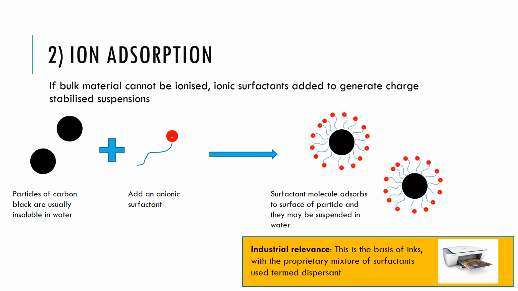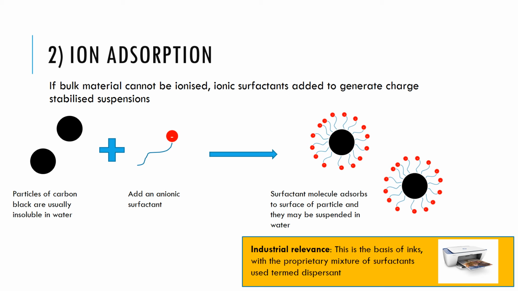but here I just want to highlight that point, because what happens is when you mix them with a suspension of carbon black particles, those hydrophobic tail groups on the surfactant, through a hydrophobic interaction, adsorb to the surface of those carbon black particles.